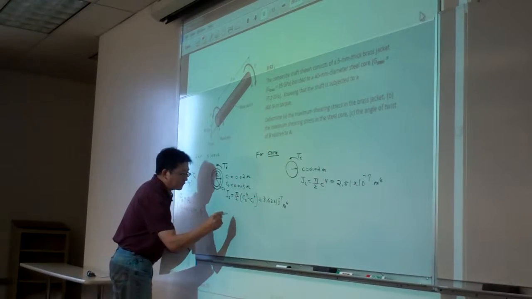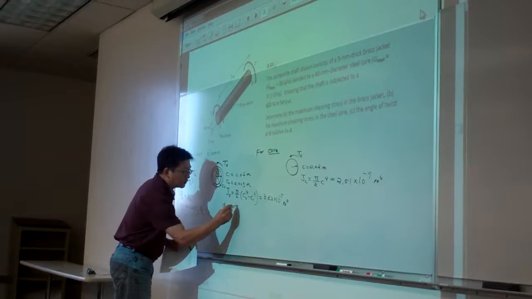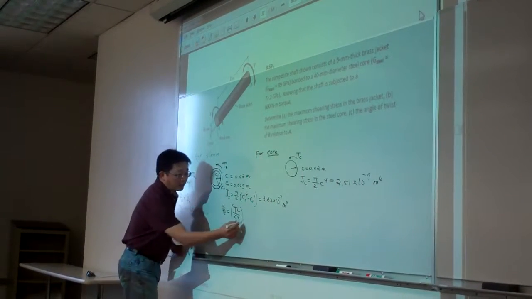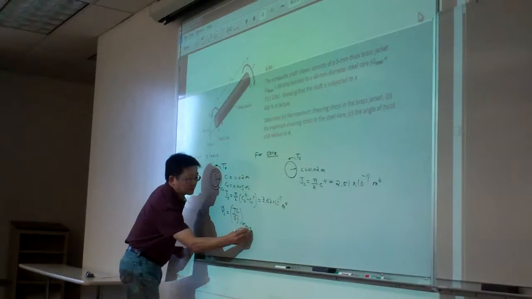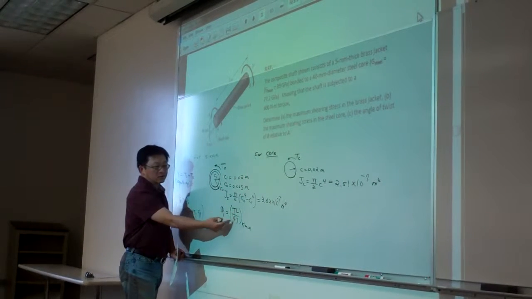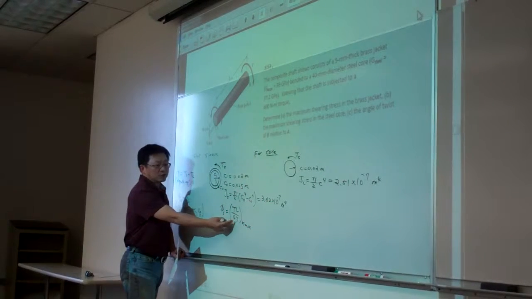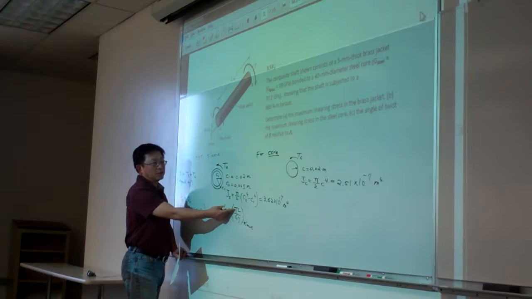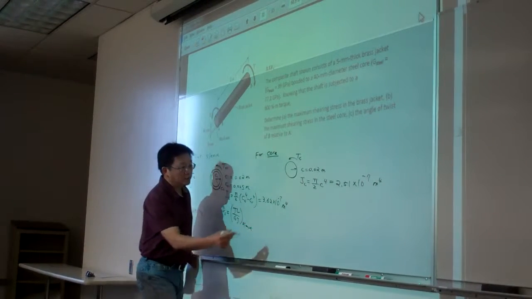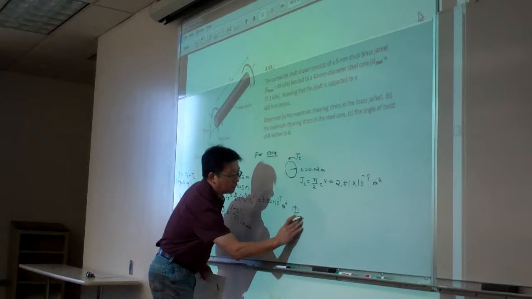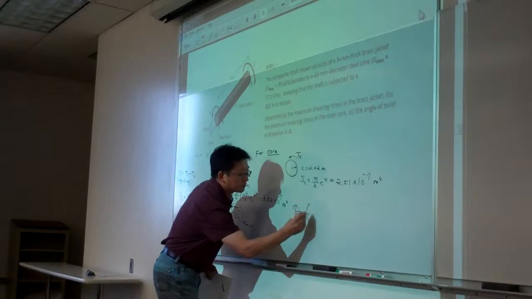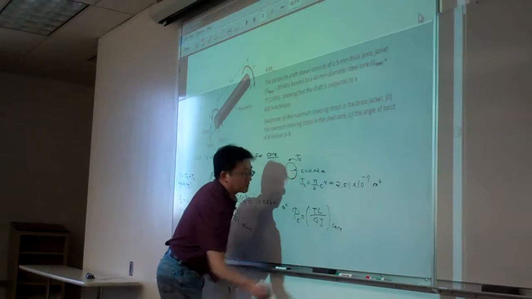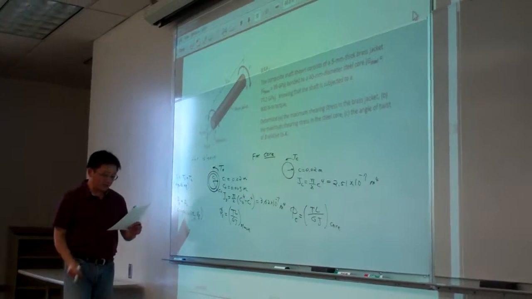For phi S equal to TL over GJ, we pick up all the information for the sleeve: the length, the shear modulus, the polar moment of inertia and the torque, so here T should be TS. And for the core, TL over GJ takes the core's information, and the values must be equal.